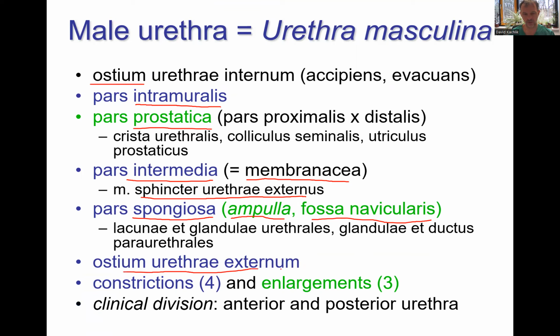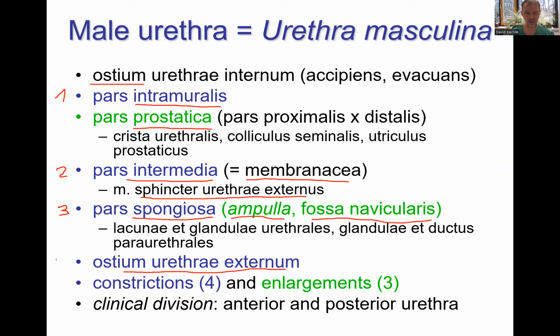So we have 4 constrictions, 4 narrowings. Intramural part in the wall of urinary bladder. Intermediate part when passing through pelvic floor and urogenital floor. Then very long spongy part inside the spongy body of penis.